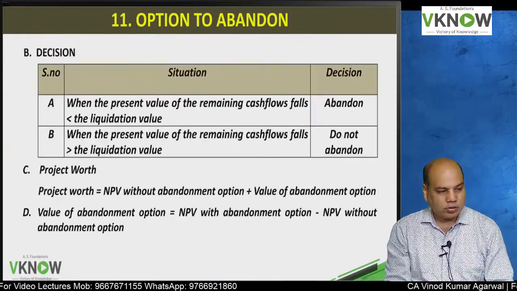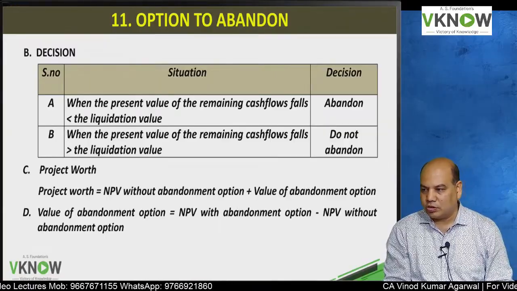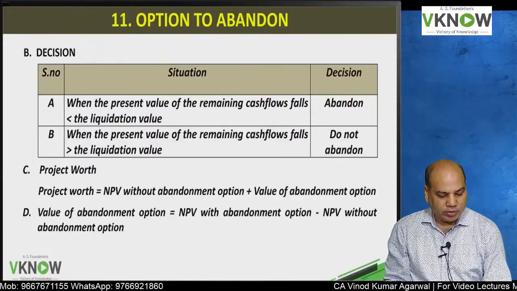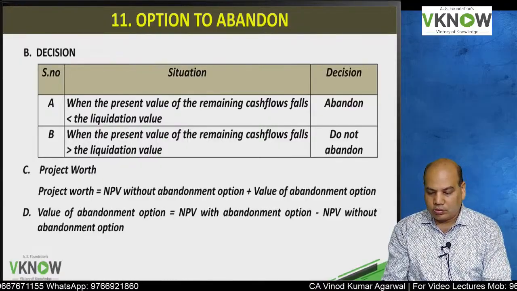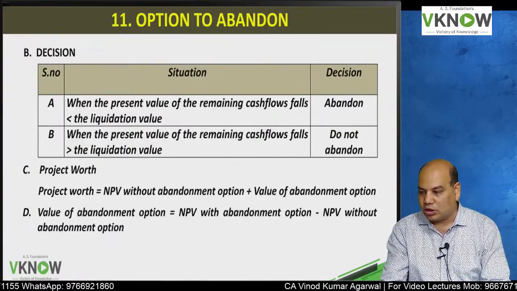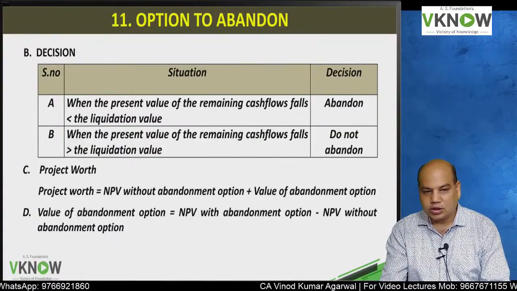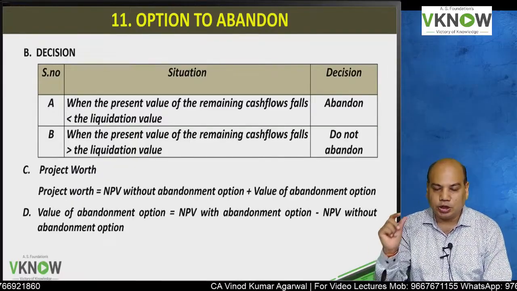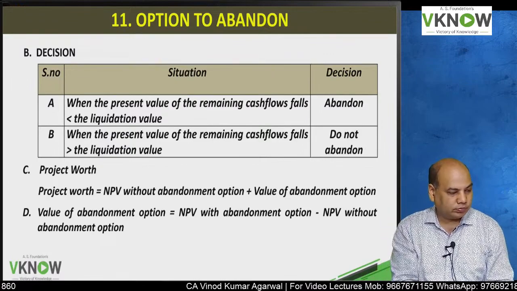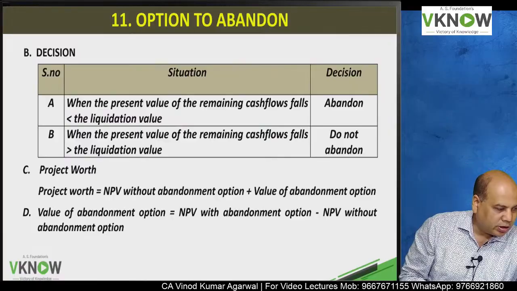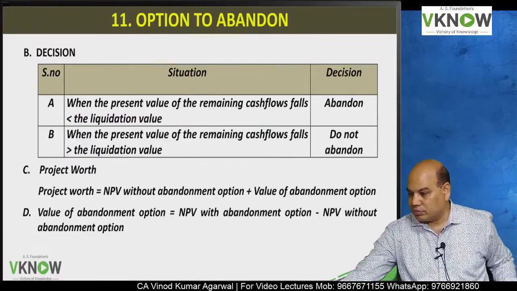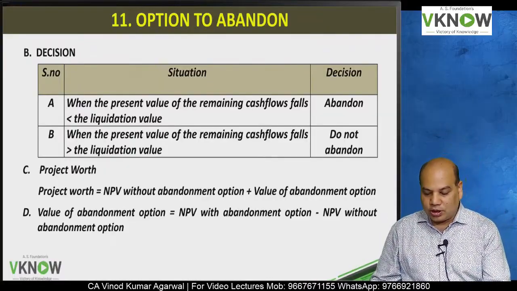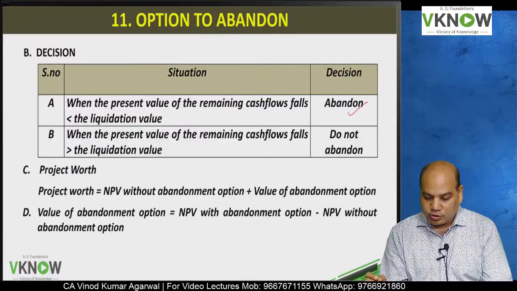Next is decision making when there is an option to abandon. First, when the present value of the remaining cash flow falls below the liquidation value, then the answer is abandon. Abandonment means if you find that the continuing option will have lower present value than the salvage value you will get, it is better to abandon the project.